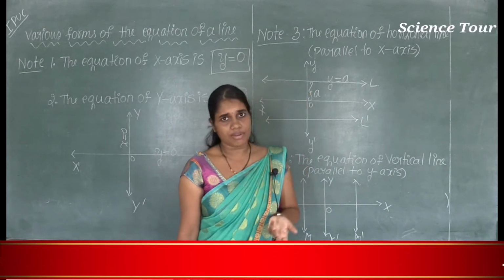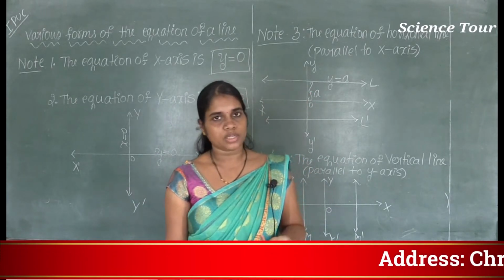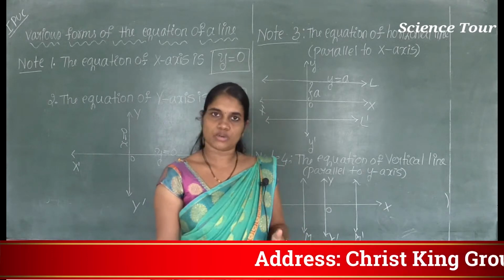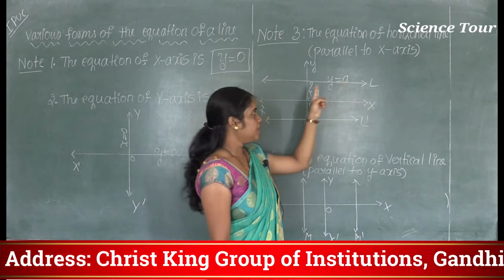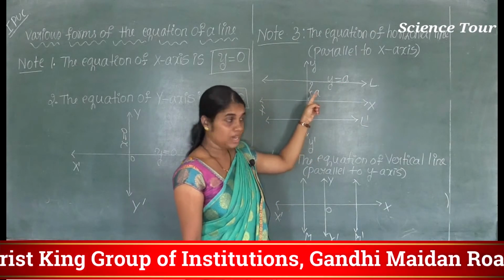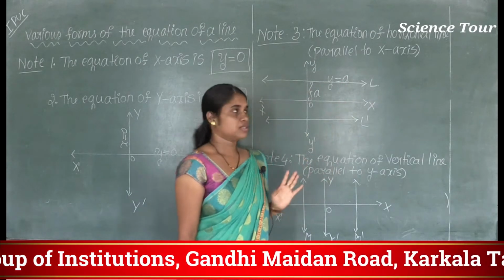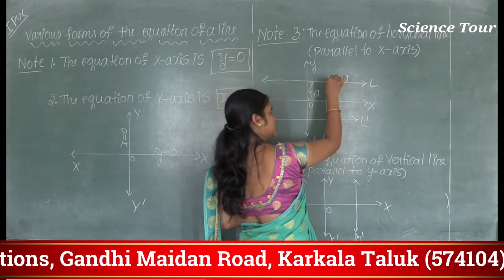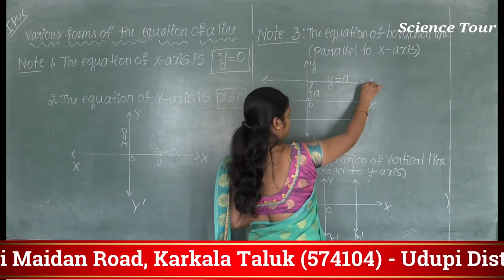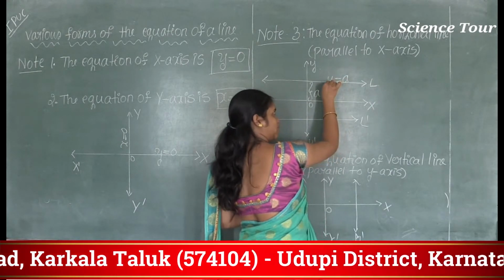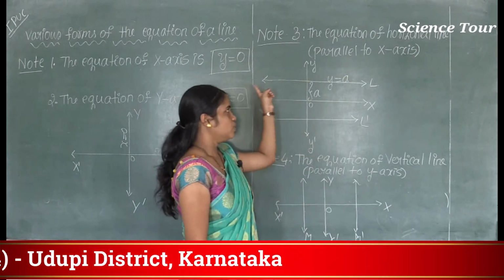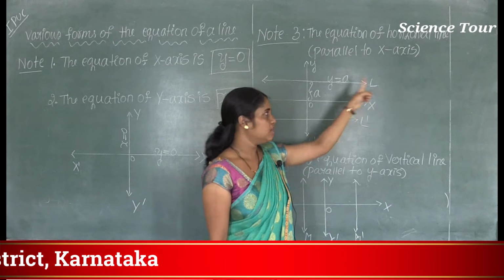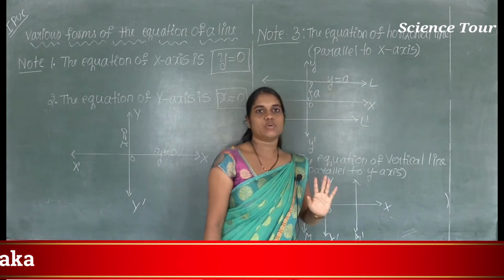It may take any value, a may be equal to 1, 2, 3, 4, 5 like that. Suppose the line L is at a distance a from the x axis. Now tell me, what is the equation of this line L? The equation of this horizontal line L will be y is equal to a.